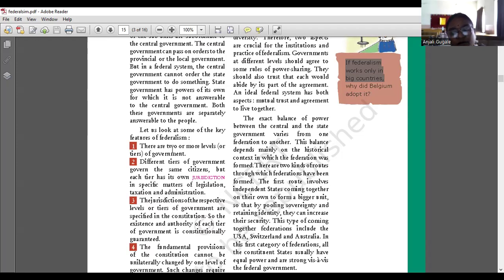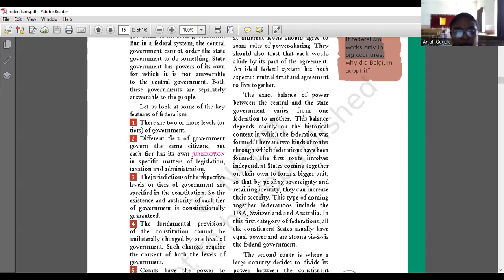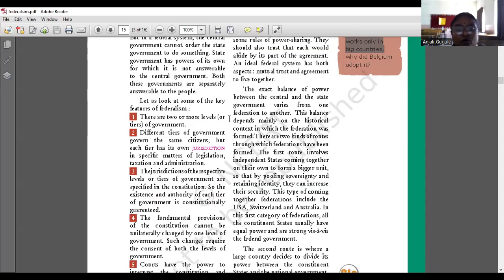For this I made a mind map also for you. In a federal country, there are two or more levels of government, and different tiers of government govern the same citizen. This was explained in the previous example about India: we are the citizens of India, but we are also the domicile of Maharashtra, which is one of the states of India.